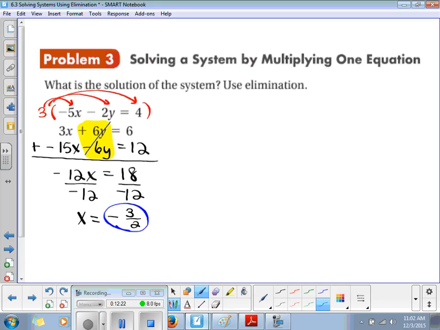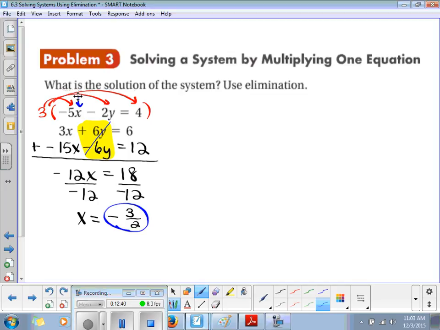The first one, well, let's see. If I put it in the first one, if I put that in for x, well, I guess we're going to end up with fractions on either one. Doesn't matter. All right, so we'll substitute into the original right there.